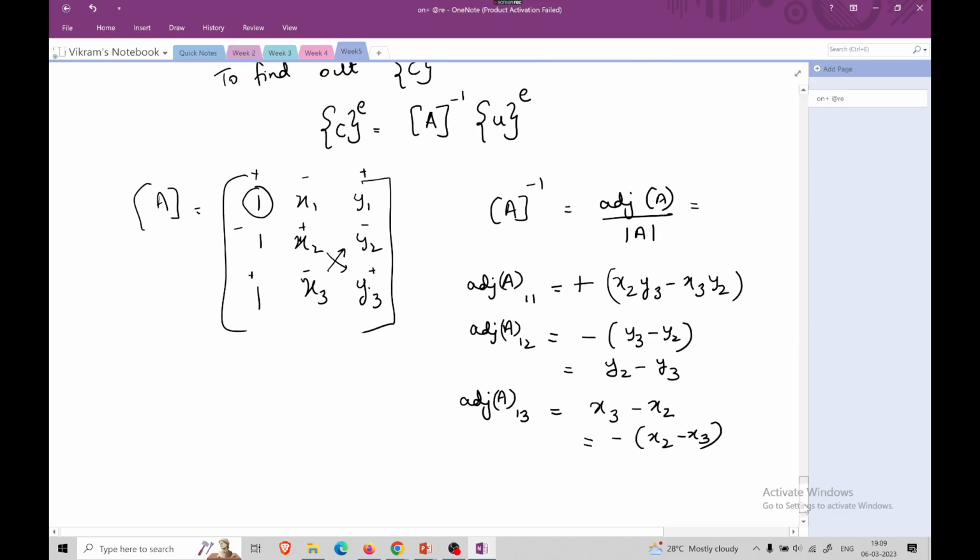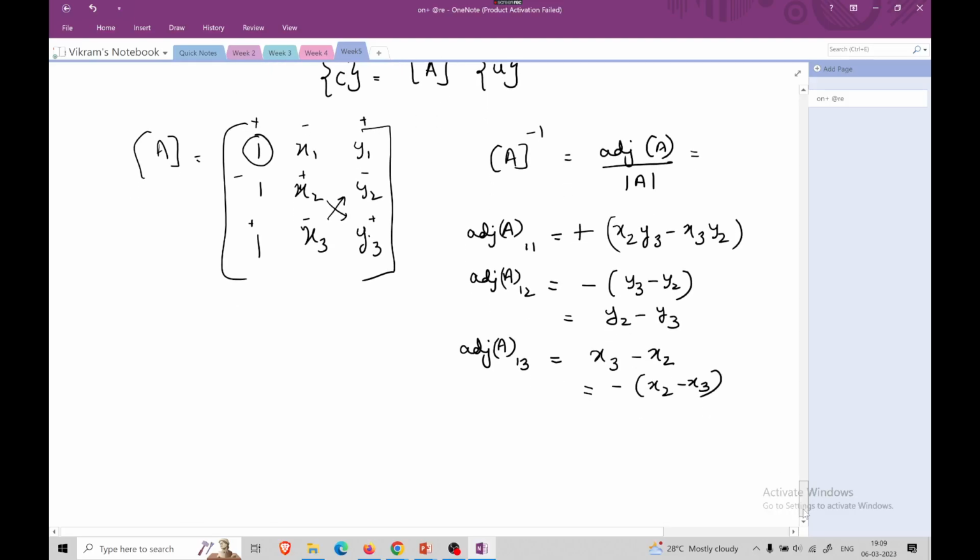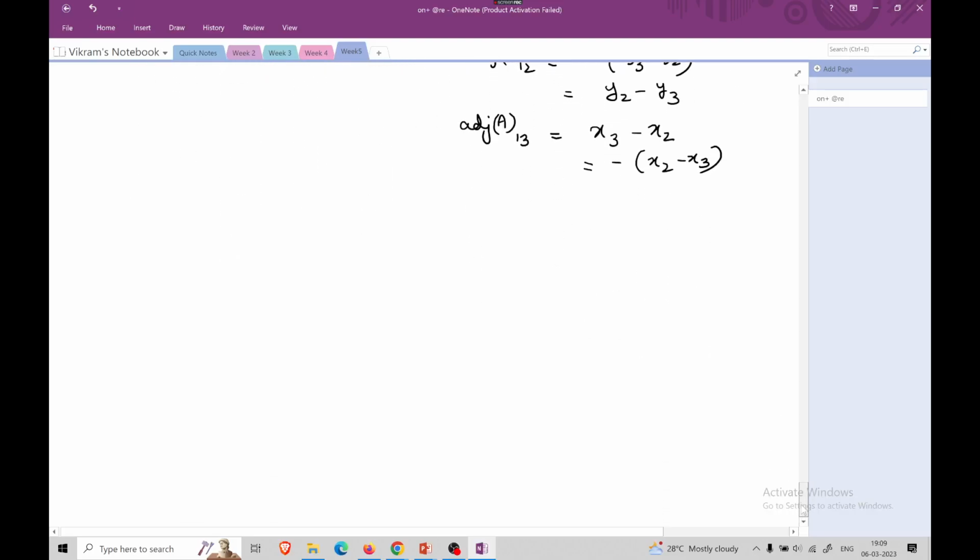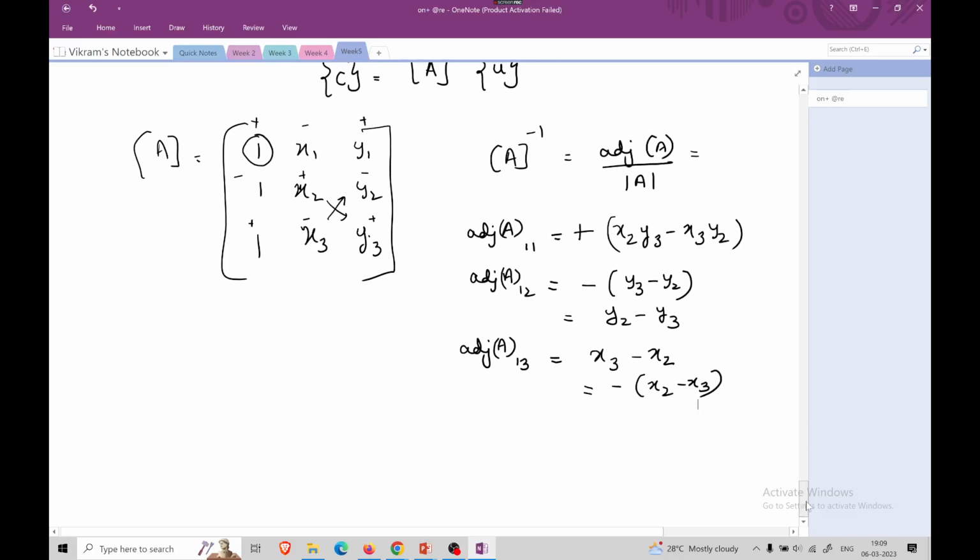Okay. So adjoint of 2 1 will come with a minus sign. If I exclude this, it's going to be x1 y3 minus x3 y1, so this will be x3 y1 minus x1 y3.